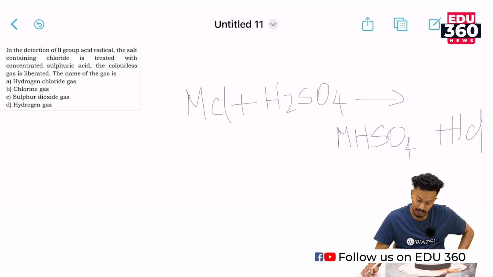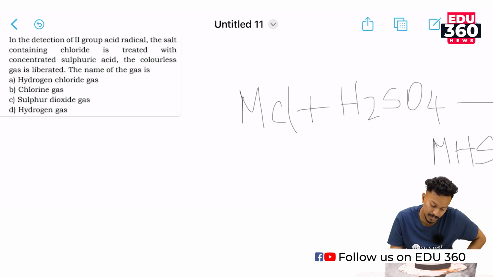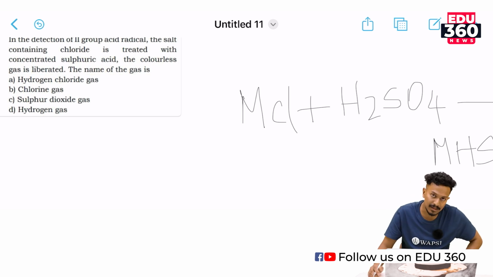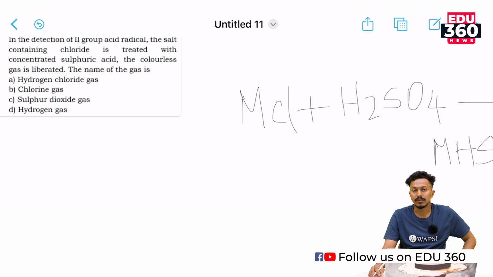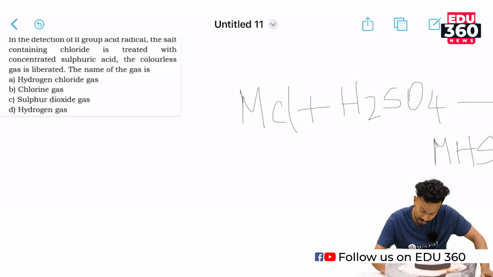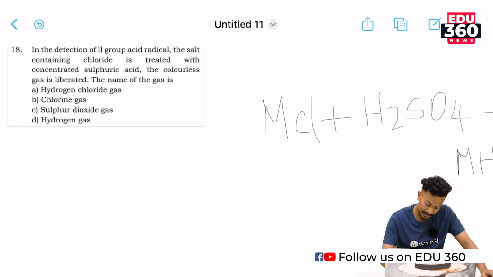So name the colorless gas that is liberated. The correct gas should be hydrogen chloride gas. Any alkaline earth metal or alkali metal, when treated with sulfuric acid, only the HCl, hydrogen chloride gas, is liberated. So the correct option for this question would be option A, hydrogen chloride gas.